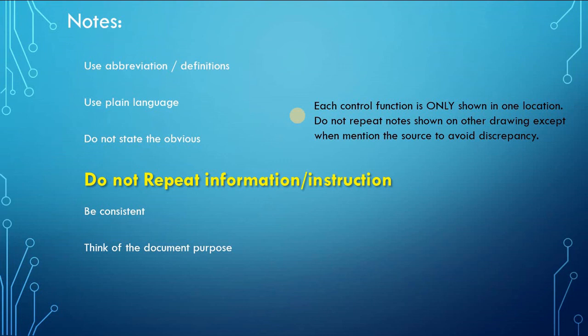So don't repeat the set points and things which show on the P&ID or in another document, because each document will be updated by itself, and whoever updates the P&ID will not update your control narrative. And there will be discrepancies between the two documents if you keep repeating that kind of stuff.